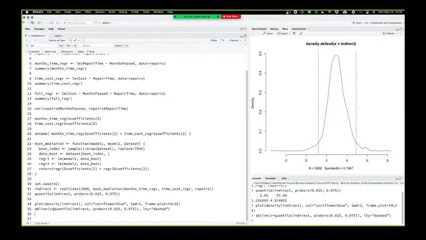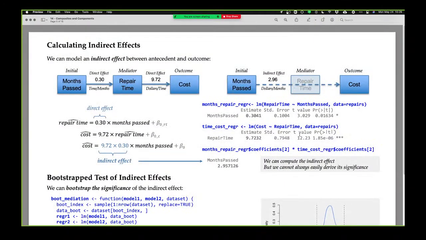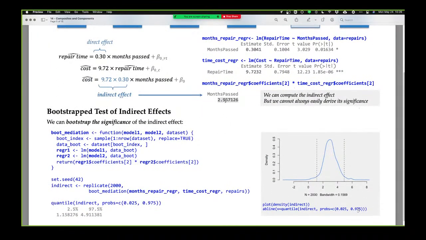And if I look at the 95% confidence interval, then we can say that our estimate of 2.95 that we had before is probably significantly different from zero, at least at 95% confidence.